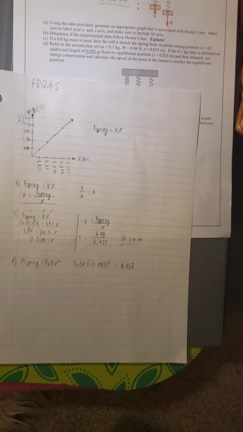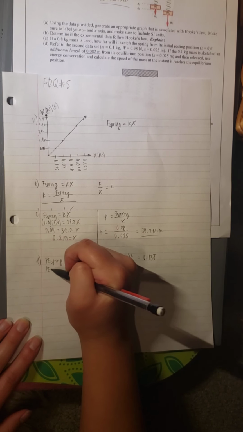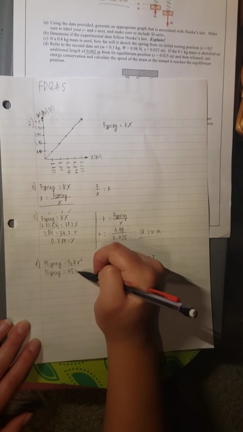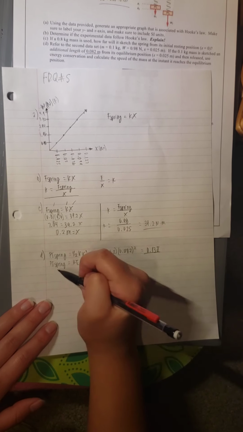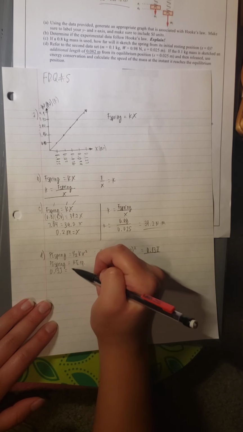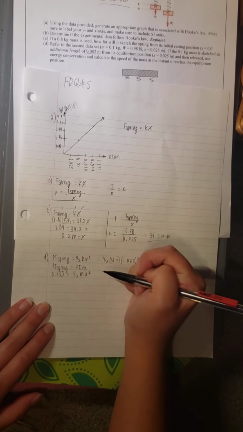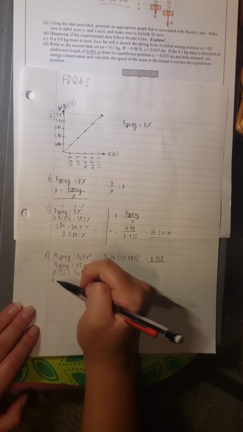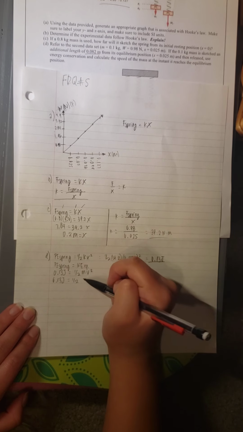So it wants us to use energy conservation to find the speed. So PE spring is equal to KE at equilibrium. So we can use the PE that we found, 0.13, equal to, and we know our KE function is 1/2 mv squared. And we can just plug everything in and solve. So the mass it wanted us to use is 0.1.